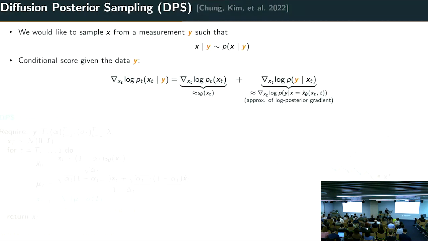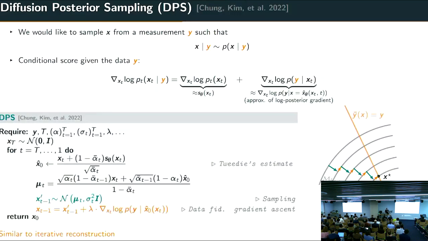So how to use this in image reconstruction? Instead, we would like to sample from a posterior distribution given a measurement. So we use a conditional score given the data, and through Bayes formula, this conditional score can be written as a sum of the trained score from the image data only, plus a conditional score of y given xt, and this conditional score is used to drive towards data consistency.